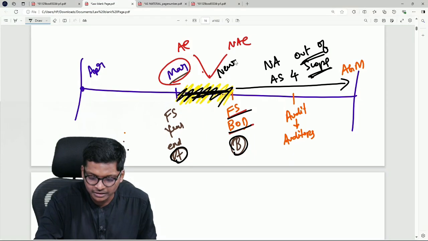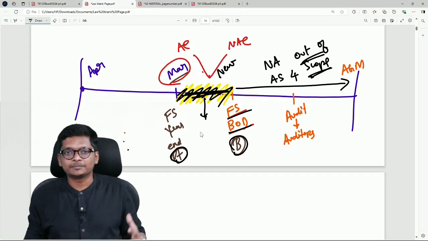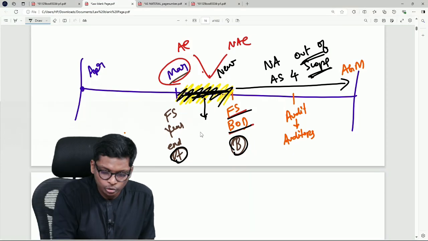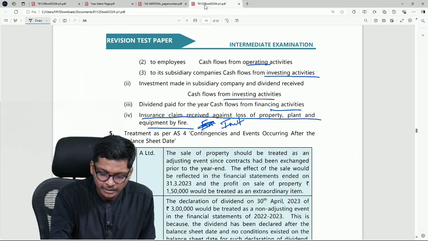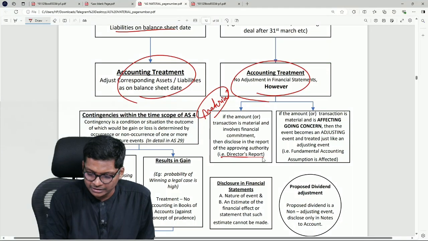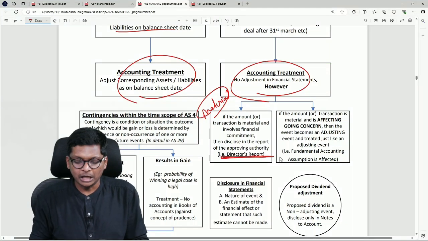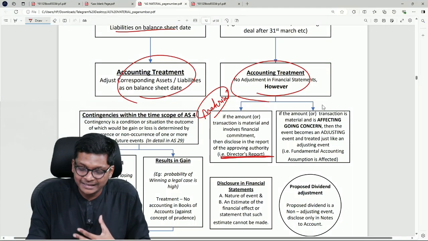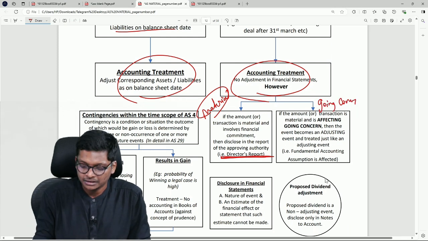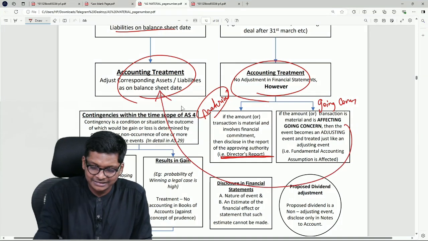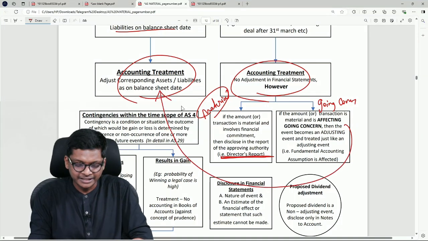It's a new event, like an earthquake came or somebody stole the stock. So during the scope of AS4, if something happens and it is material, then you will disclose it in the director's report. Or if it is so material that going concern itself is affected, then it is treated like an adjusting event. You will go and make the changes.